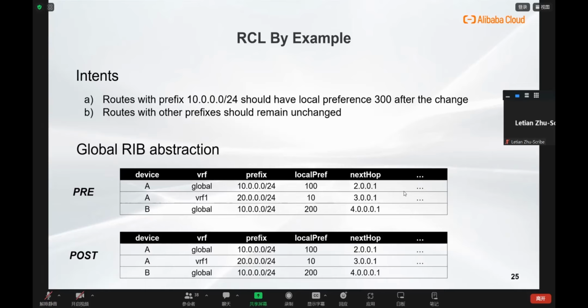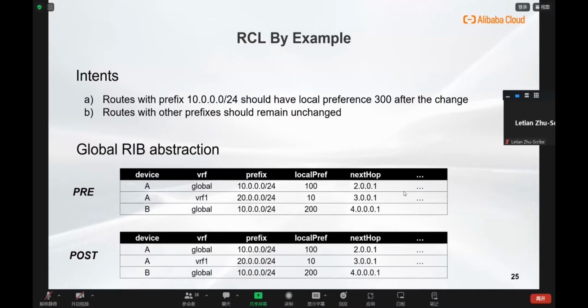For route symmetry, first of all, this language is mainly designed for the control plane. If you are talking about the example you gave, you have to consider the links, and this language is not used for that. But we have another language called Rela, which is for data plane specifications, and that may help.